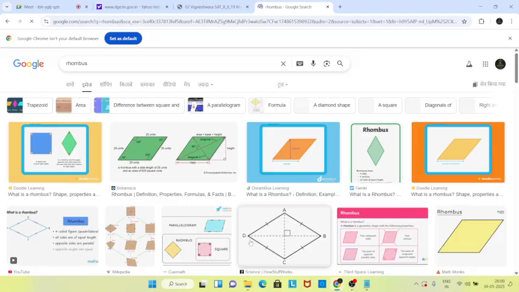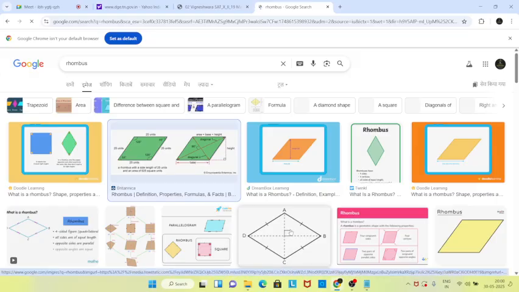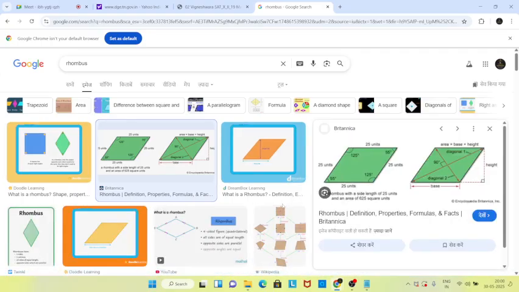You see, this is one diagonal. This is another diagonal. They bisect each other, that is, they cut at 90 degree. They say this is 24 and this is 18. So this will be 12 and this will be 9. They take this triangle. This is 12, this is 9.